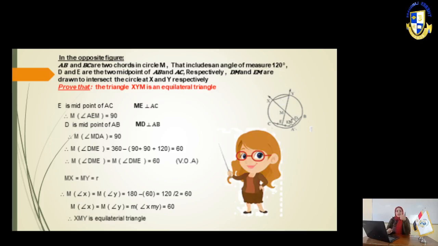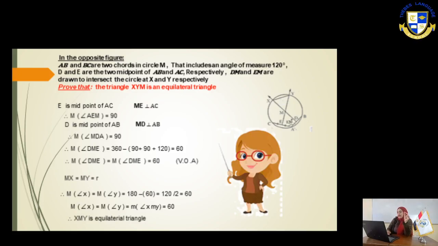Here we have E is a midpoint of AC, so ME is perpendicular to AC, and the measure of angle AEM equals 90 degrees. D is a midpoint of AB, so also MD is perpendicular to AB, and the measure of angle MDA equals 90 degrees.